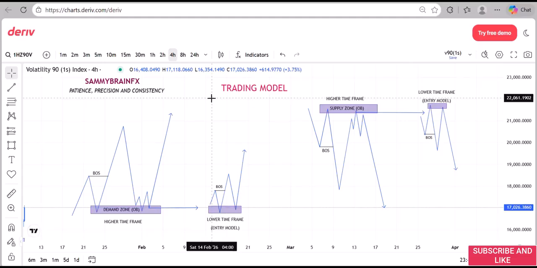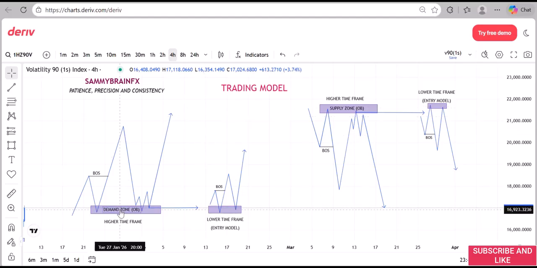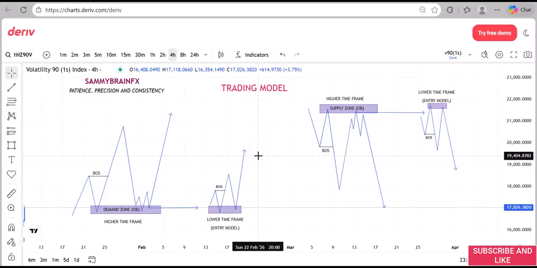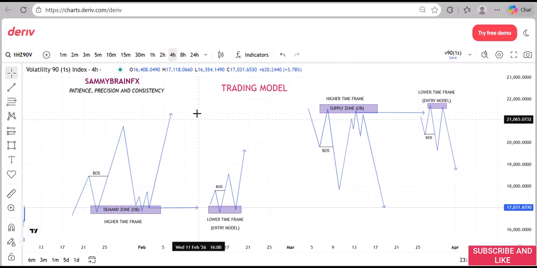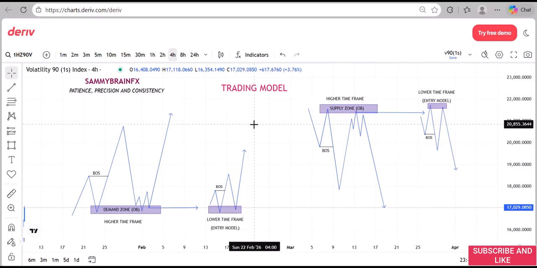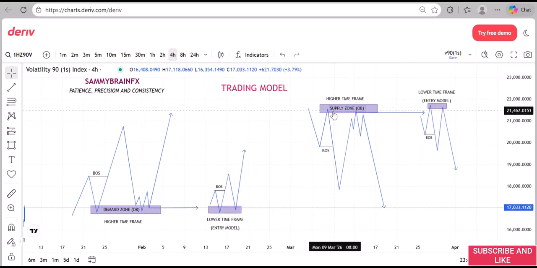If the market is in an uptrend, we'll look out for a buy opportunity. That's where we'll be seeing our demand zone. If the market is in a downtrend, that's when we're going to be looking for a sell opportunity. In that case, we'll be having our supply zone.